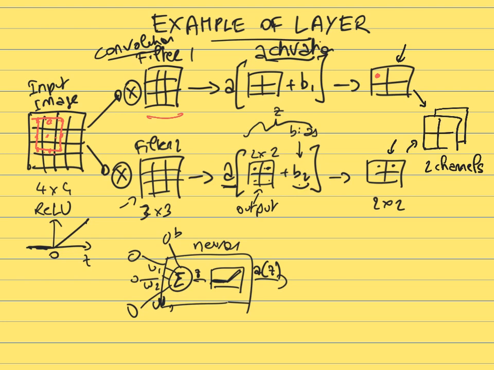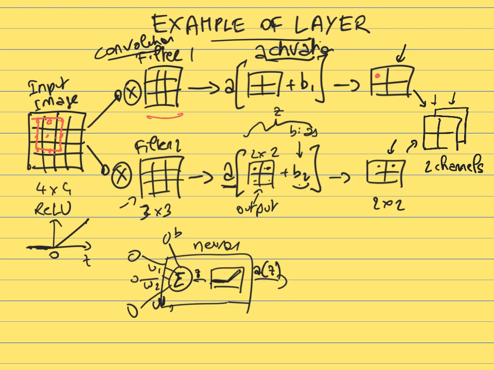So the value of each of those pixels here will correspond to whether or not certain patterns have been activated, whether some horizontal edges have been detected, and whether some vertical edges have been detected. Each of those pixels will now contain this information, whether each of the filters has detected something.